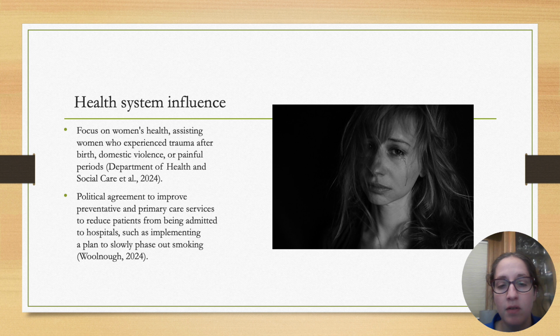And there has been political agreements on improving preventive and primary care services to reduce patients from being admitted to hospitals, according to WellKnow 2024. An example is phasing out smoking, according to WellKnow 2024. So we have a photo here of a woman who has tears on her face.